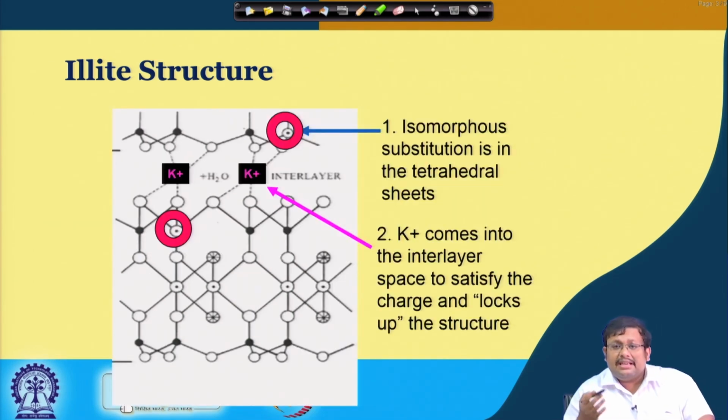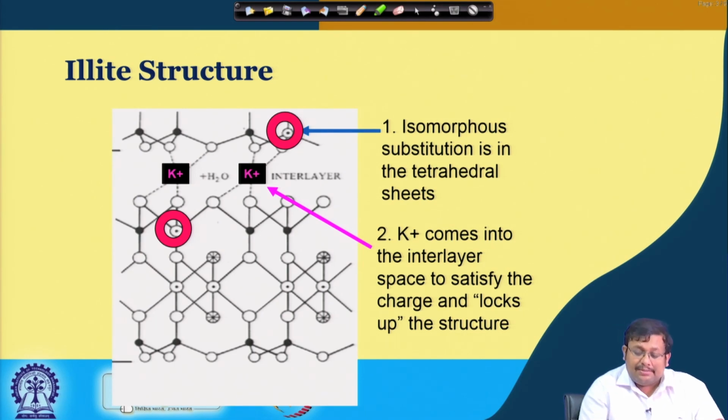Now, one of the basic features of this illite structure is that the isomorphous substitution always occurs in the tetrahedral sheet. As a result of this isomorphous substitution in the tetrahedral sheet, K plus or potassium ion comes into the interlayer space to satisfy the charge.